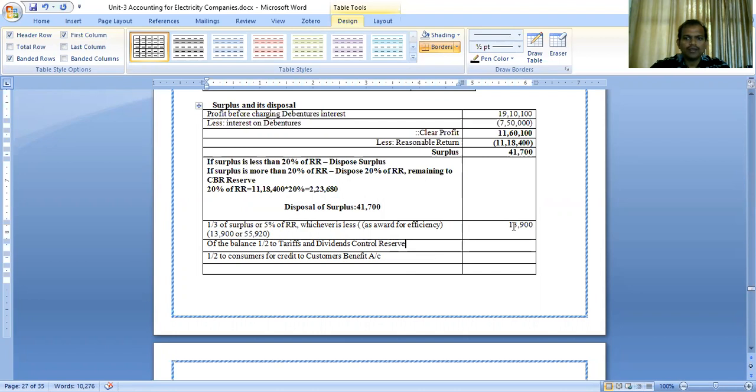So after deducting 13,900 from the 41,700, the remaining portion we have to divide into two equal parts. Half of the amount we have to transfer to the tariff and dividend control reserve, and another half to the customer's benefit account. So this comes around 13,900 each. So this is how we have to dispose of the profit.